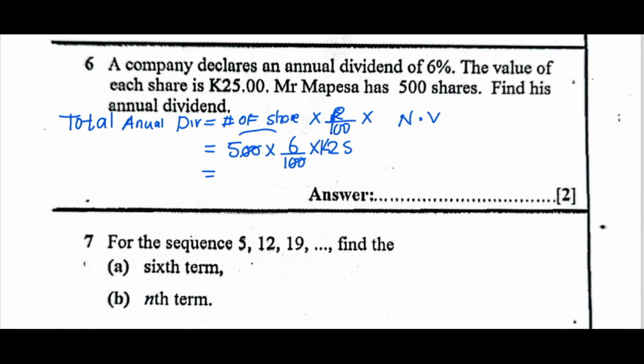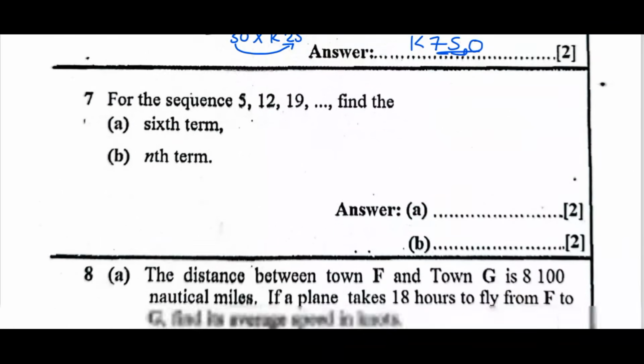So 5 times 6 we have 30, times 25. So we need to multiply 30 by 25. How do you multiply numbers like this? It's simple. Just take out the 0, we write our 0 here. Then if we remove this 0, 3 will multiply by 25, giving us 75. So this is the amount that was paid.